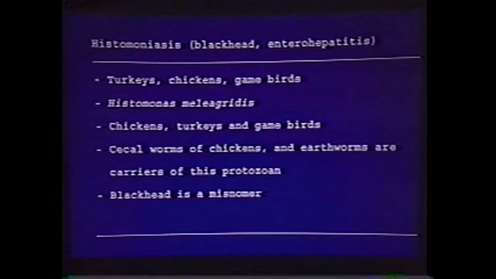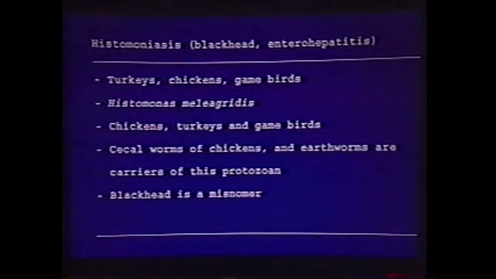Histomoniasis is also called blackhead, which is a misnomer. Blackhead means cyanosis of the head tissues. Birds with histomoniasis do not always have cyanotic skin, and cyanosis, on the other hand, can be due to other diseases, other conditions.